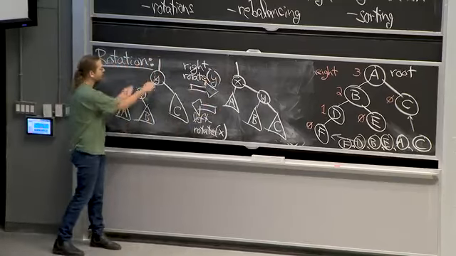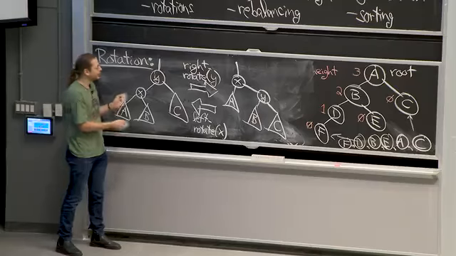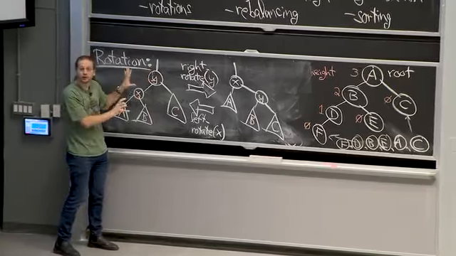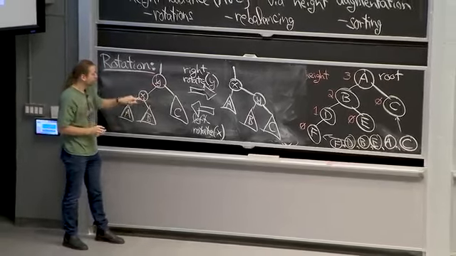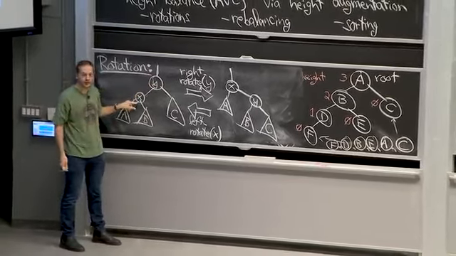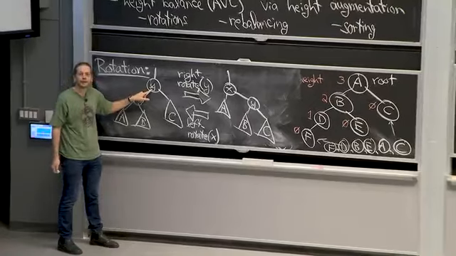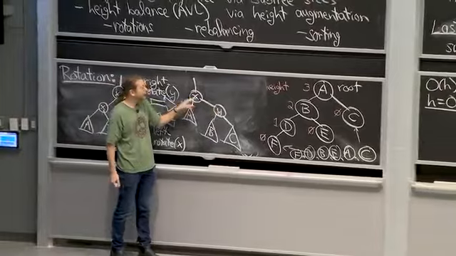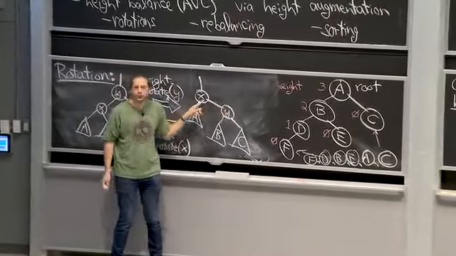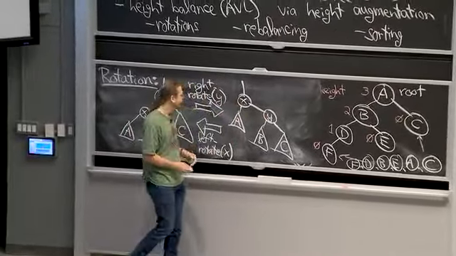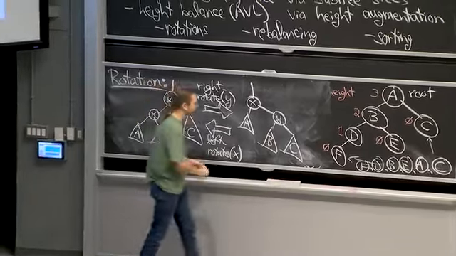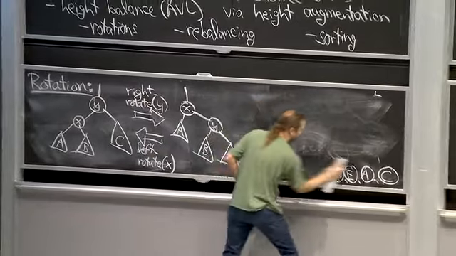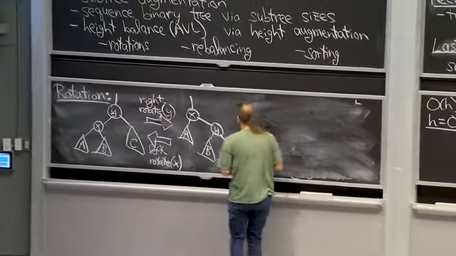Okay? So X and Y are switching places, but we couldn't just swap these items around, because that would change traversal order. In this picture, X comes before Y, because X is in the left subtree of Y in traversal order. And over here, now Y is in the right subtree of X, so it comes after X. So in both cases, X comes before Y. And indeed, in all of these pictures, not just for X and Y, but also for A, B, and C, the traversal order is consistent.